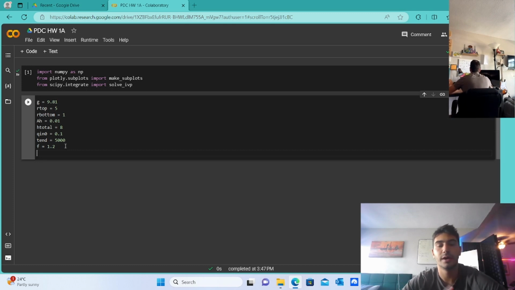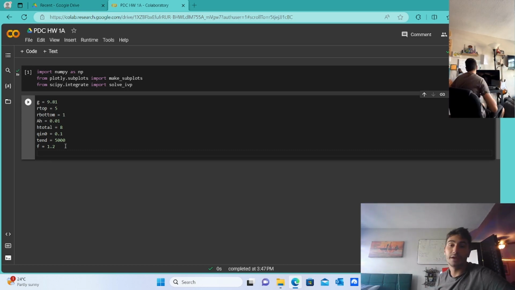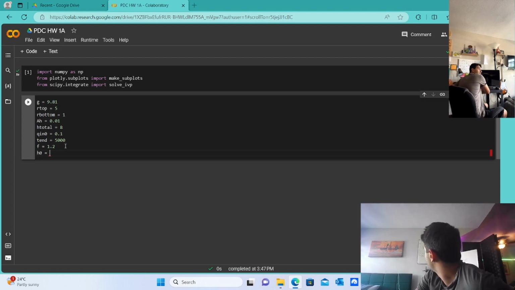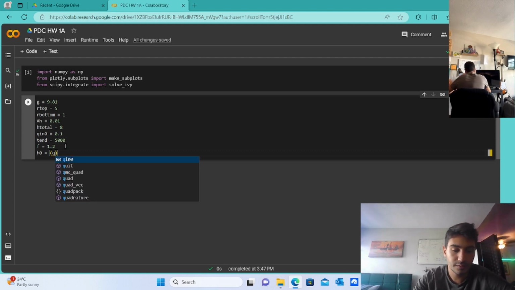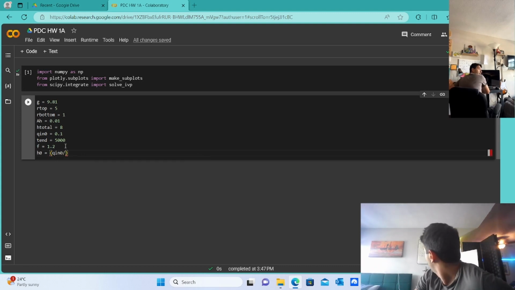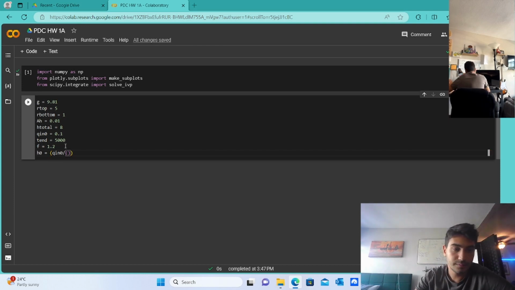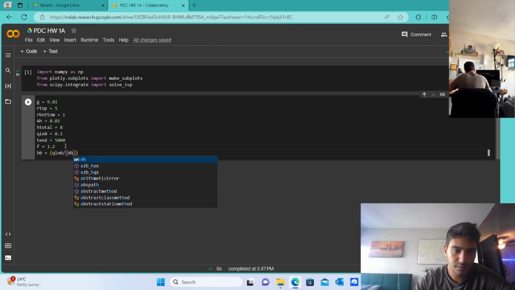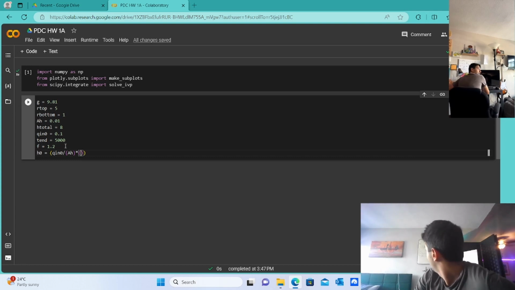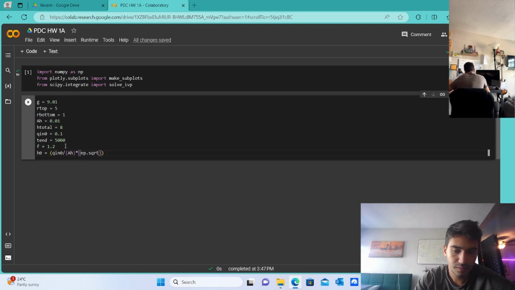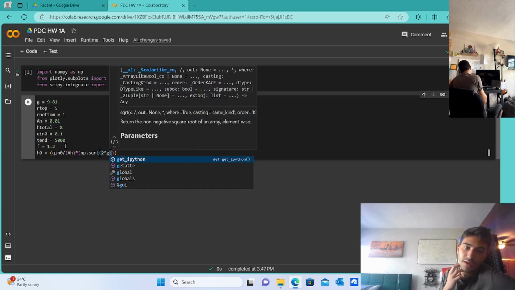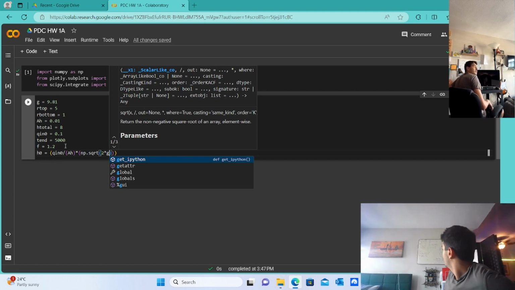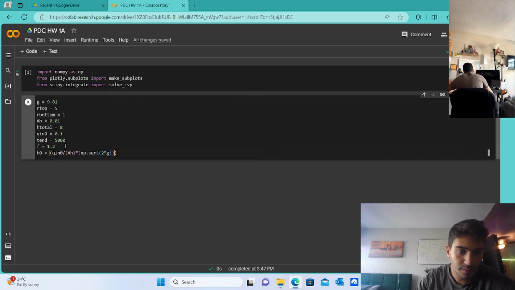And then I'm also going to go ahead and put our initial guess for H naught in there. That is equal to, I'm just going to put the whole thing and then square it. So I'm going to do Qn naught divided by AH multiplied by the square root of 2 times G. So AH times the square root, and that whole thing squared.